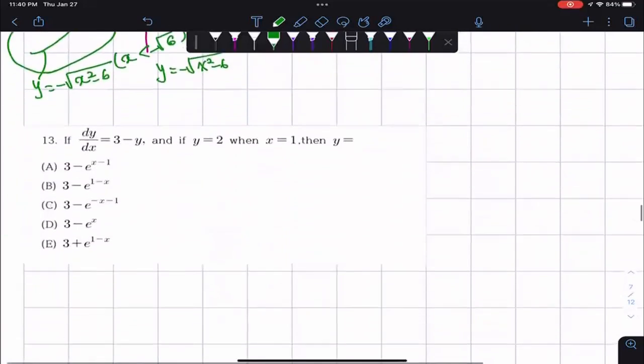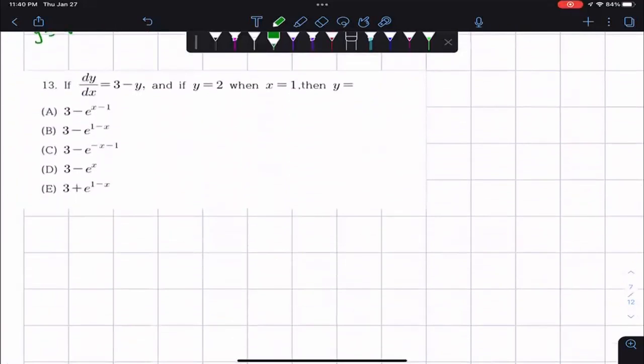Okay. Look at problem 13. By using the separable differential equation method, we can solve this problem like this. 1 over 3 minus y dy equals dx.